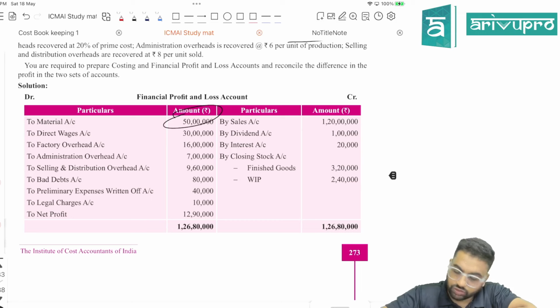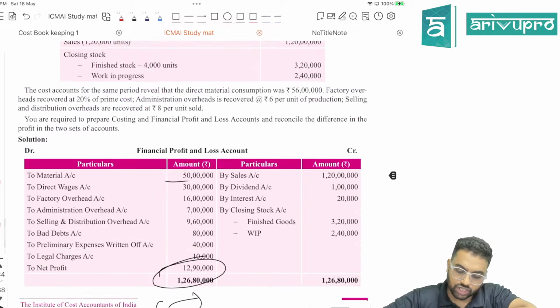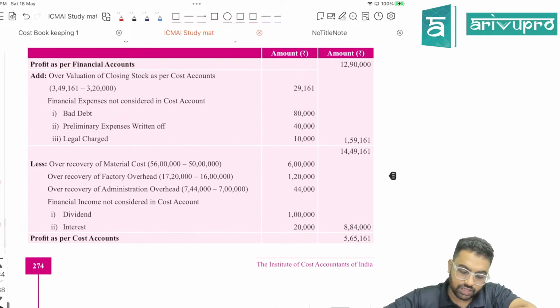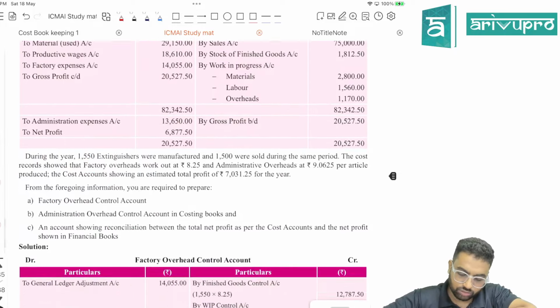Here I will take 50 only, which means I showed a less expense. So for this I should reduce my profit because I showed a lesser expense like this. So I should prepare a cost sheet, I should prepare a P&L as per finance, and I should arrive at the answers. 11 is also the same, so homework.